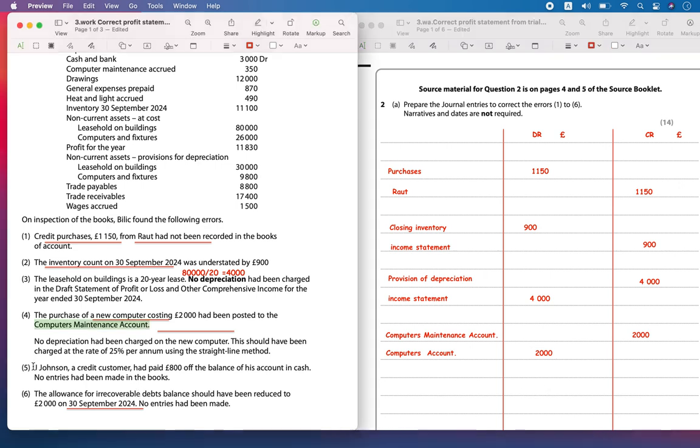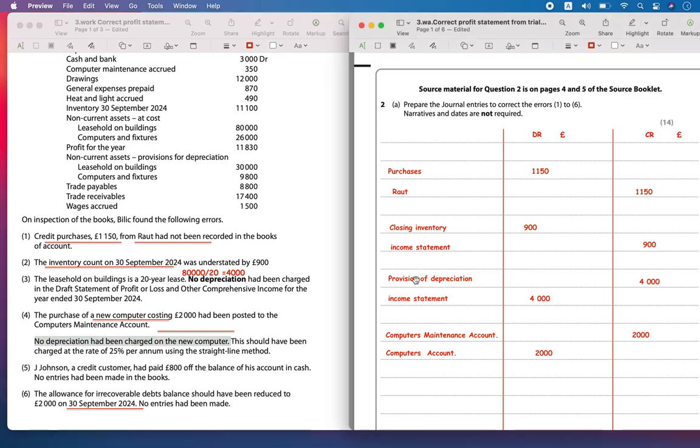Then no depreciation had been charged on the computer, so this should also be included. So let's include it in the provision for depreciation account and the income statement.